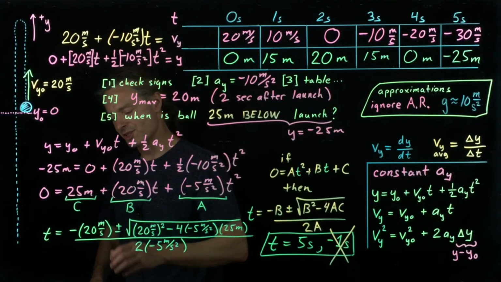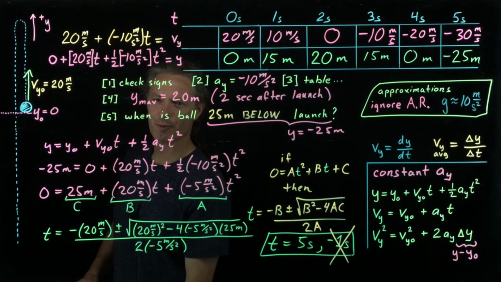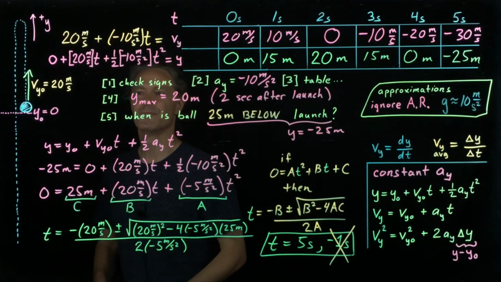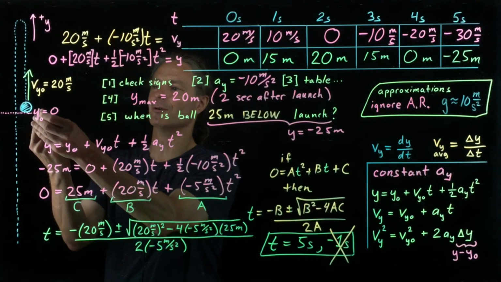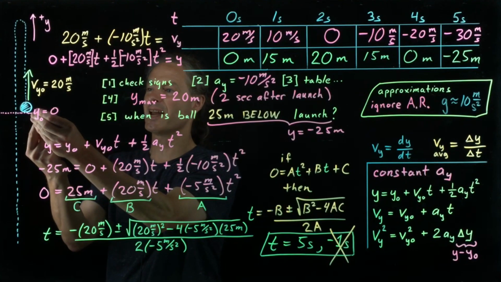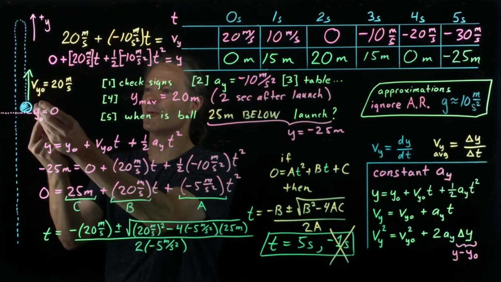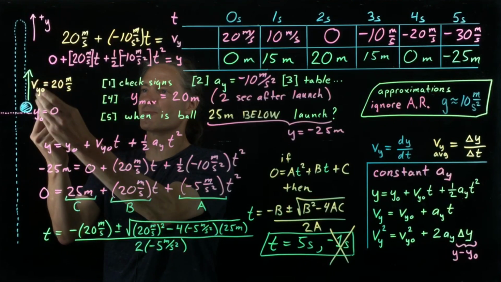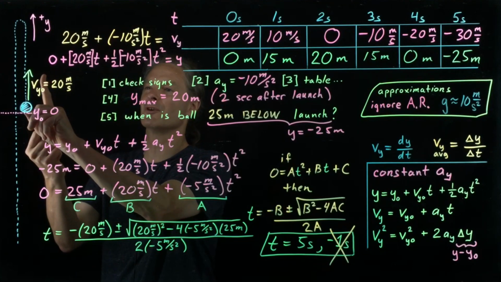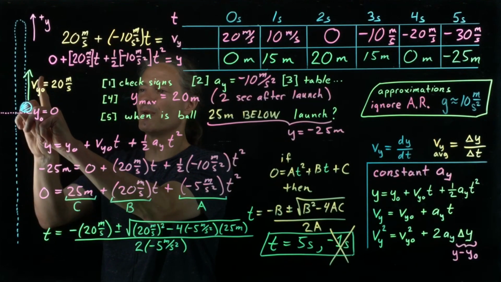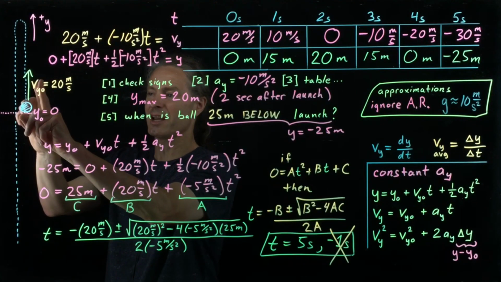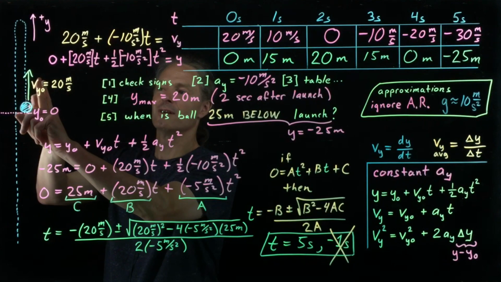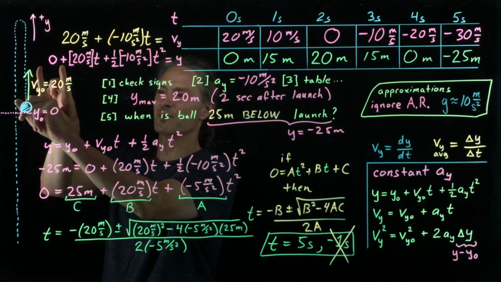But imagine someone from really, really far below has thrown up another ball. And that other ball passes my hand just as I'm throwing this ball up. Imagine that just as I throw this ball up with an upward velocity of 20 meters per second, this other ball is coming in parallel with it, and at the instant it passes my hand, it also has a velocity of 20 meters per second.